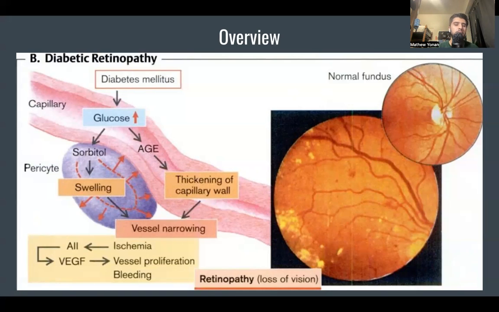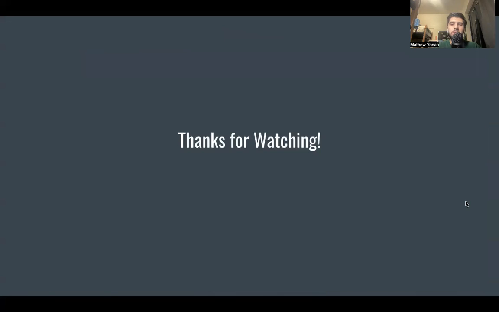So that's essentially the pathology of the disease. You get retinopathy, and the loss of vision at the end if it's not treated, or I guess not prevented with the correct measures.